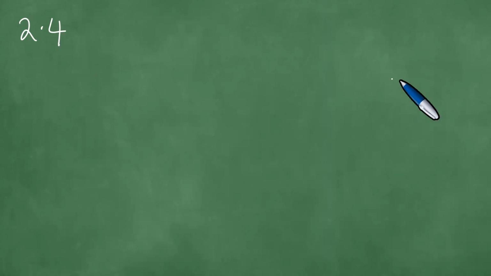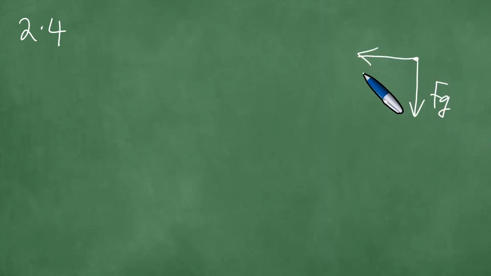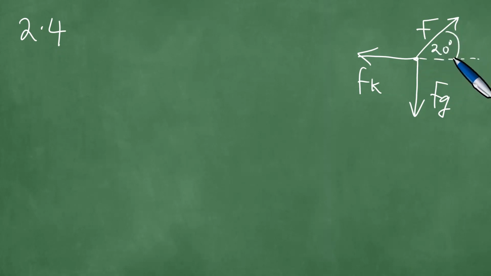And the normal force, let us look at what is happening here. We have the free body diagram that shows the force of gravity. We have this one, which is the force of kinetic friction, the applied force. And it acts at an angle of 20 degrees to the horizontal, the applied force.